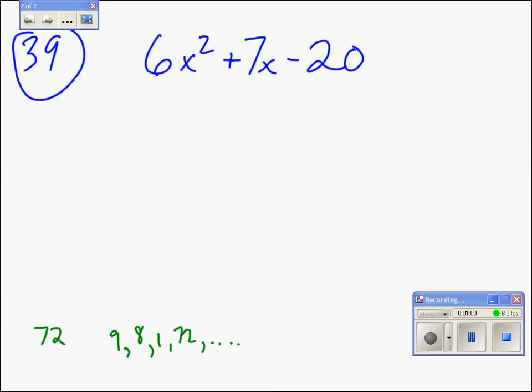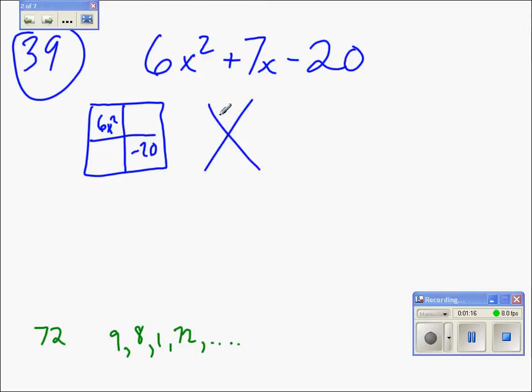So the first thing we need to do here is pick a method, and the method that we've been using has been the factoring with the generic rectangle. So we put 6x squared up here and negative 20 in, and now we can create a diamond, negative 120x squared and positive 7x.